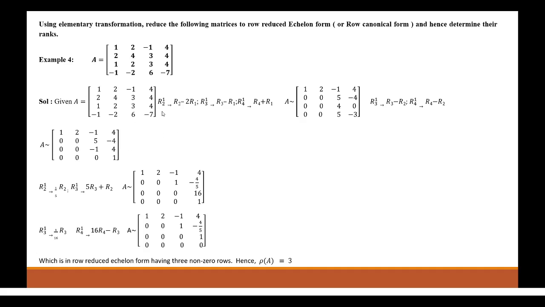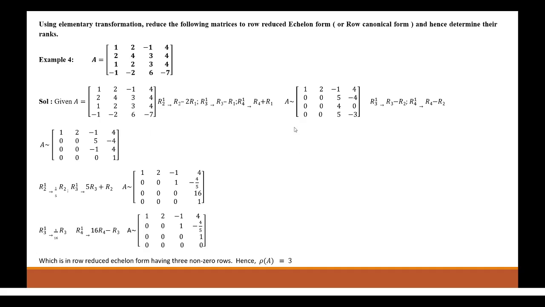Below this pivot element, we have to make all the elements zeros. For that we operate R2' = R2 - 2R1, R3' = R3 - R1, and for the fourth row, R4' = R4 + R1.